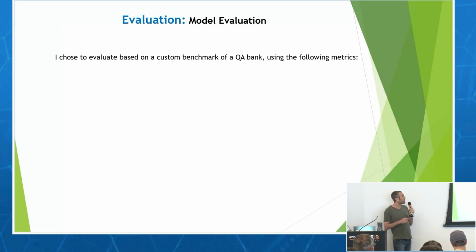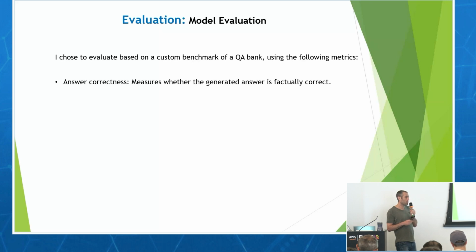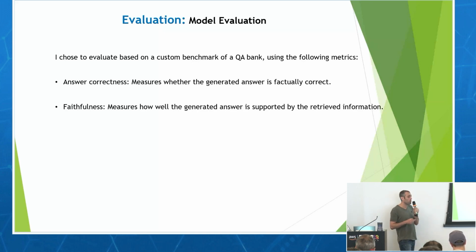To evaluate this, since this is actually a RAG task, we can evaluate it similarly to simple RAG tasks. We want to use the answer correctness measure that measures if the answer is actually factually correct. We want to check the faithfulness, which checks how well the generated answer is based on or supported by the retrieved information.